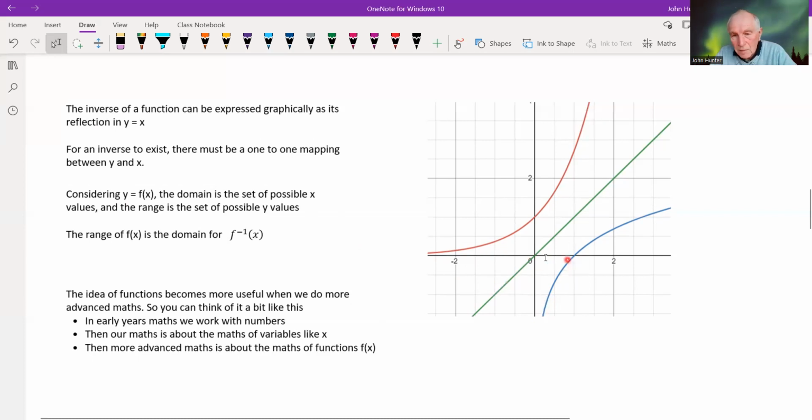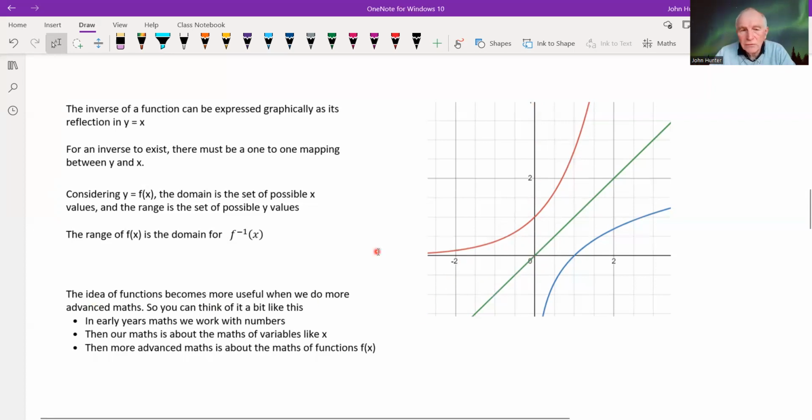So the domain would be all the positive numbers, and similarly the range would be the set of numbers that we're mapping to. So when we think about the function and the inverse function, the domain for one is the range for the other, and vice versa, of course. So that's something that will come up.